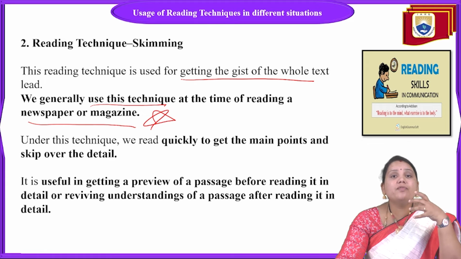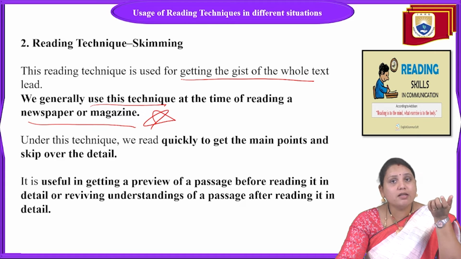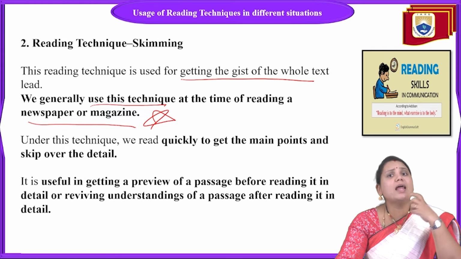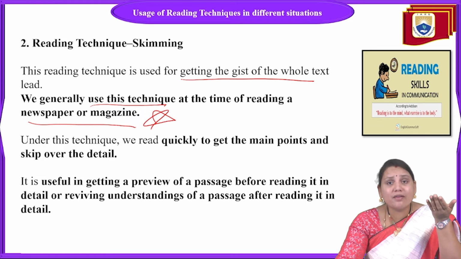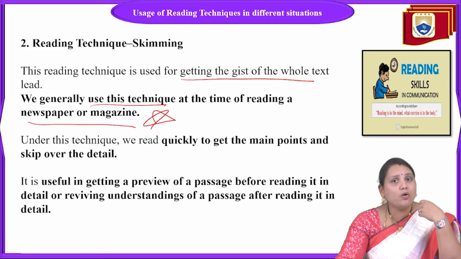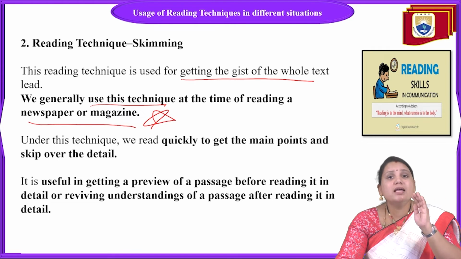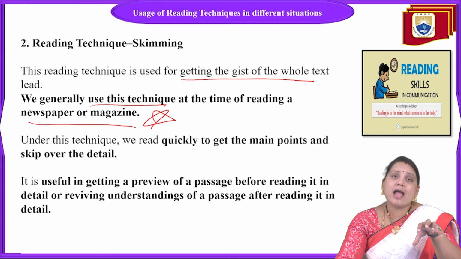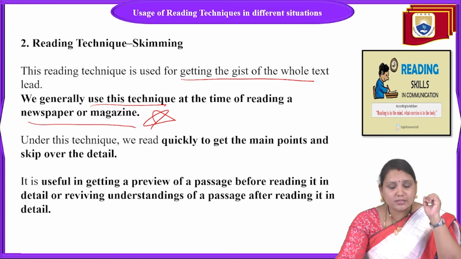That is, when we are reading newspapers or magazines, we skim the text, isn't it? Do we read the text in magazines overall? Do we read all the lines in the newspaper? How much time will it take if we read each and every line in the newspaper? No, we try to skim over the text in newspapers and magazines such that we attain the gist of that particular concept and information.